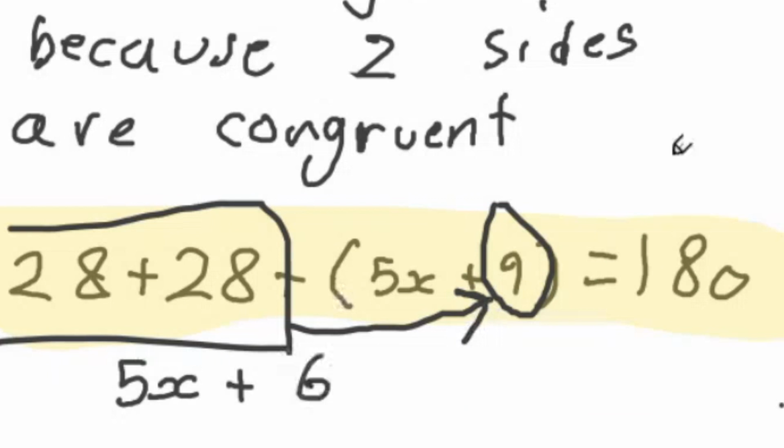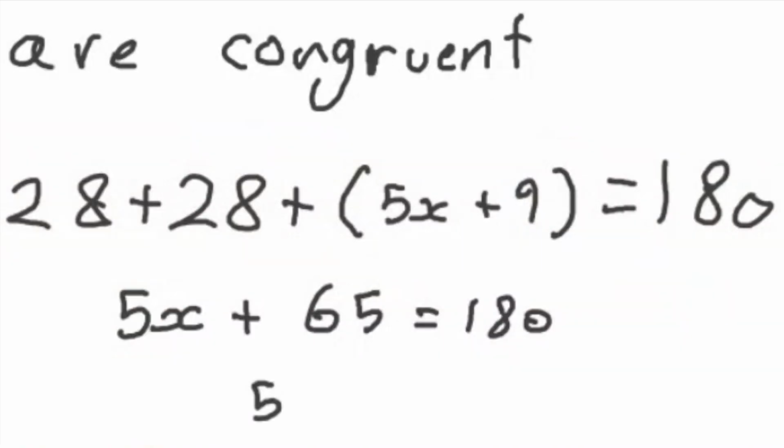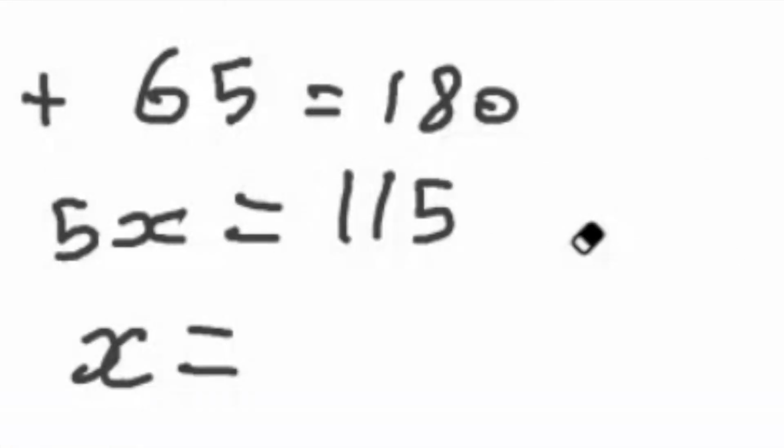So 5x plus 65 equals 180. Yes, 65. Now we subtract 65 from each side and we get 180 minus 65 equals what? 115. And now we divide. We're just doing algebra now. Divide by 5, you get your x, and that's it.